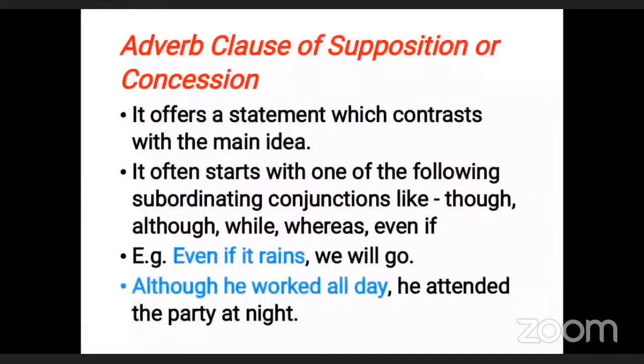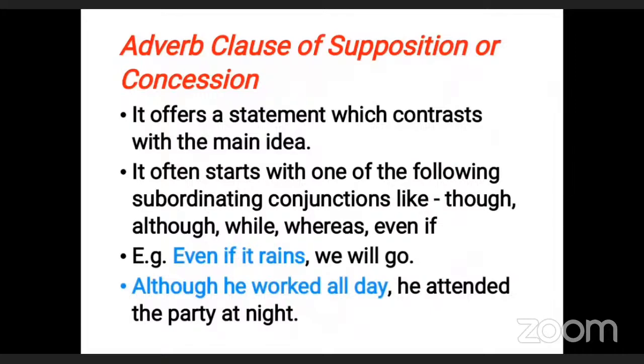Example: even if it rains, we will go. Here rain is coming, and still we will go, so a contrast idea is given. Second: although he worked all day, he attended the party at night. He is very tired, and still he attended the party.